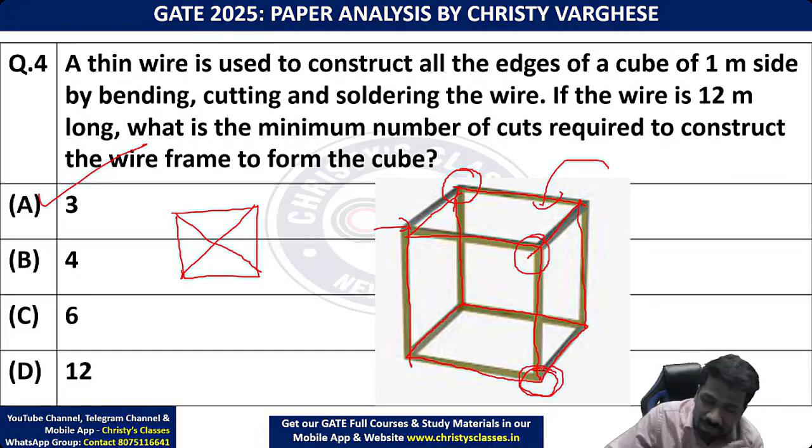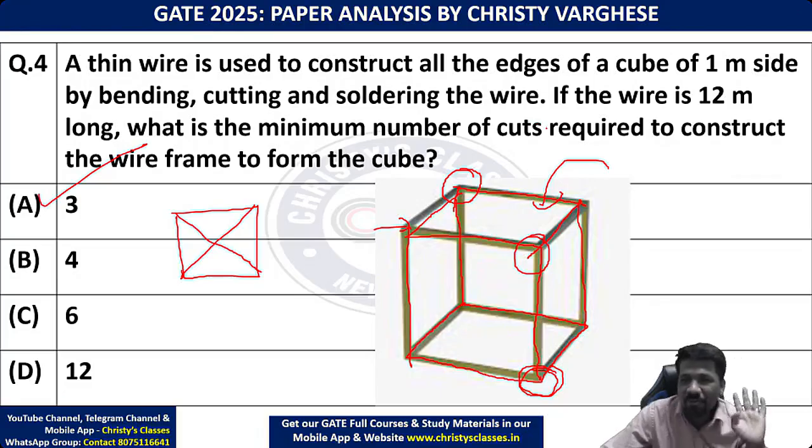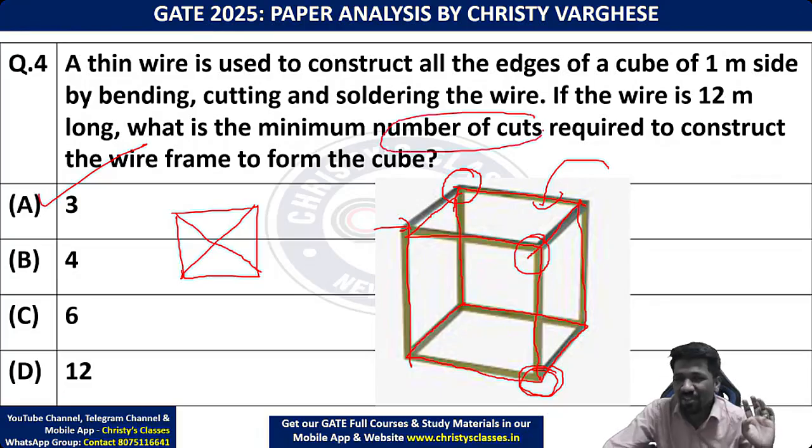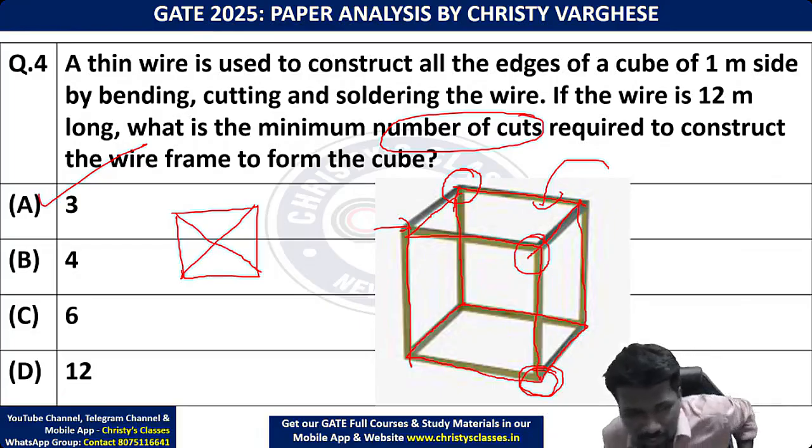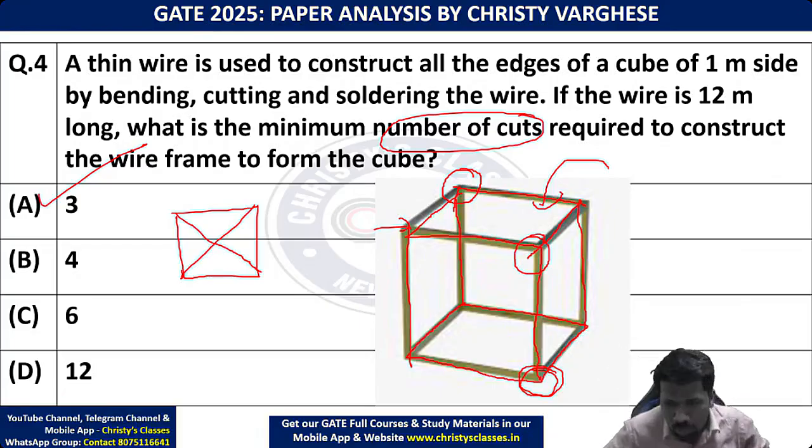But कितना बार pen lift किया, that will be the answer for this question, because however many times you are lifting the pen, that many times you have to cut the wire also. Clear now? Jayant, Kartika and all of you who are watching the recording also, is it clear now how 3 is the answer? Minimum number पूछा है इसलिए 3 answer है.